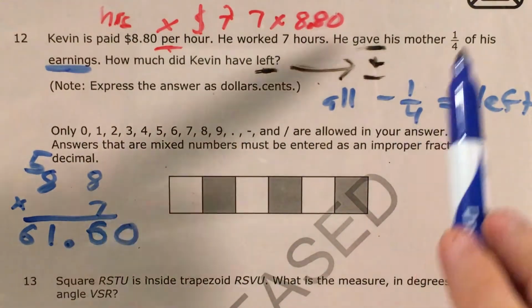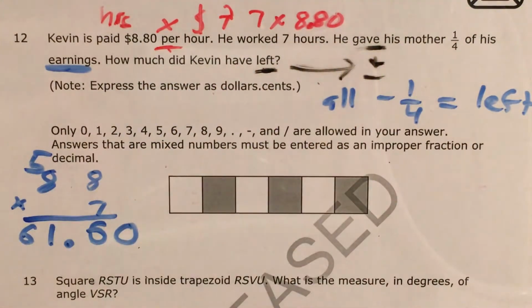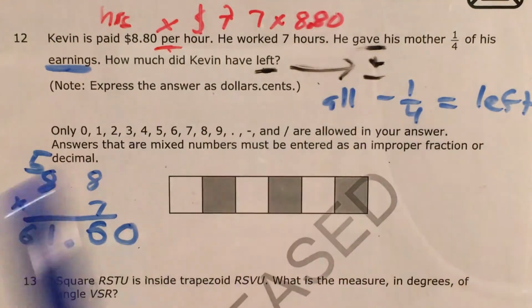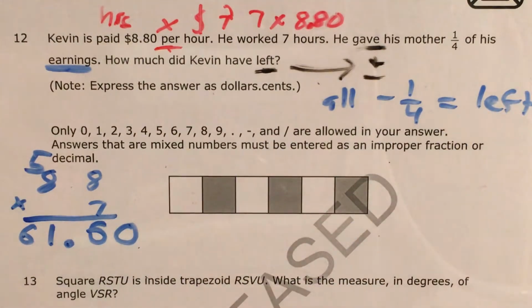Essentially, if I want to take the information in this section of the problem and translate it into a word sentence that I can later use with some numbers, that's all of his earnings minus the 1/4 he gave to his mother equals how much he has left.